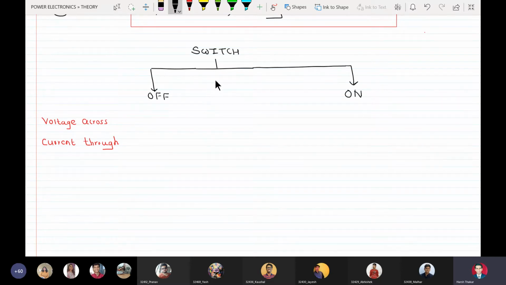Okay. So now students, I want to have answers from your side that we have a switch and the switch is in off state. What will be the voltage across the switch and what will be the current through the switch when the switch is in off state? Yes. So what is the voltage across the switch in off condition? What is the current through the switch in off condition? Yes.